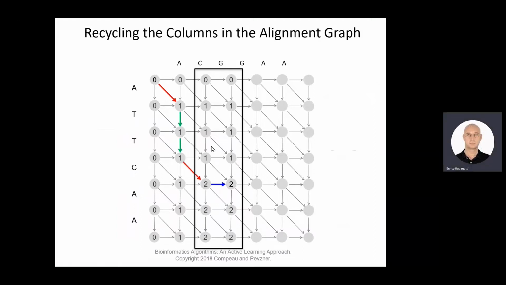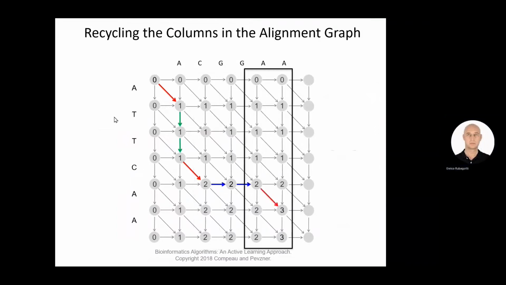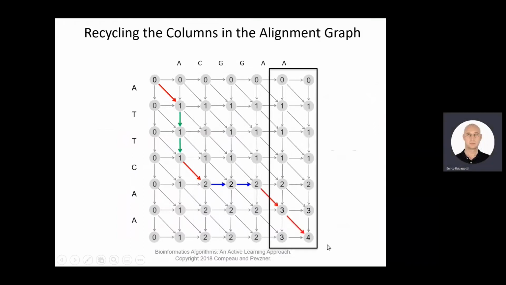So in reality, I'm going to use 6 variables to calculate the alignment graph. I'm not going to have the alignment graph, I'm going to have only the total length. And I know that the total length is 4, and this is the optimal length.